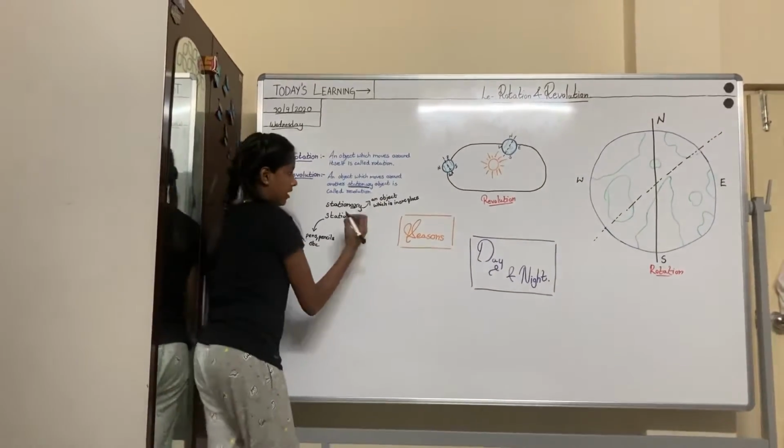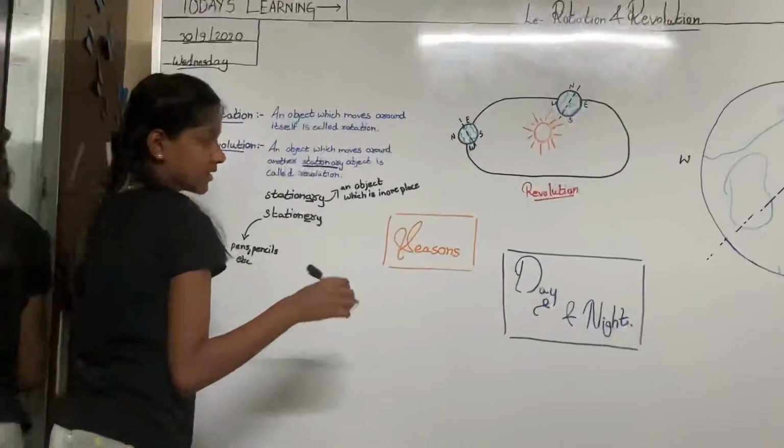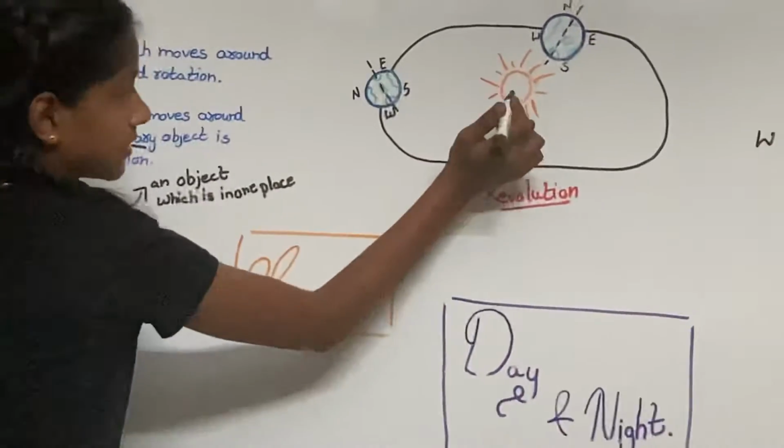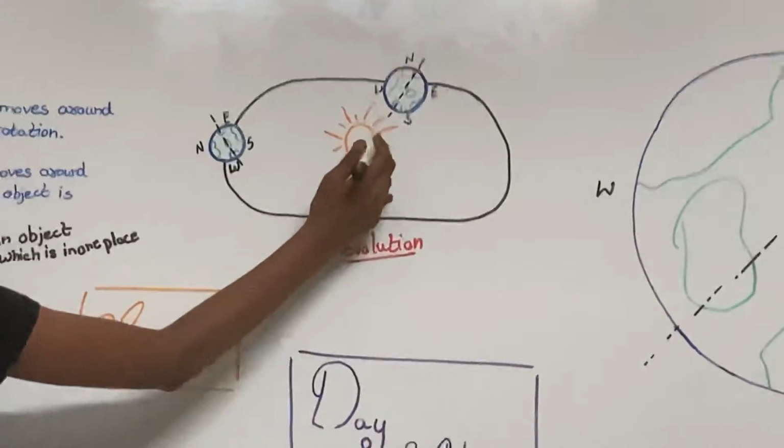Okay? An object which is in one place, like the sun. The sun is a stationary object.